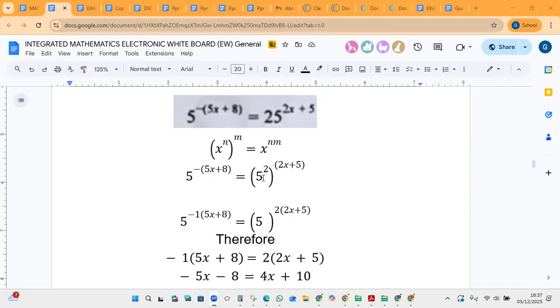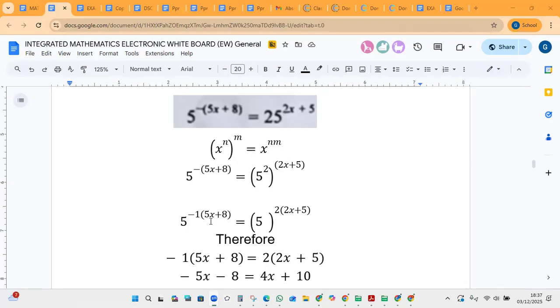Now, writing 25 as 5 squared, we see that we have a base of 5, and we have a power, let's call it n, and another power or exponent, let's call it m. According to this rule, we can multiply those two exponents. They call them powers raised. So that 2 can multiply the 2x plus 5, just like how n can multiply m.